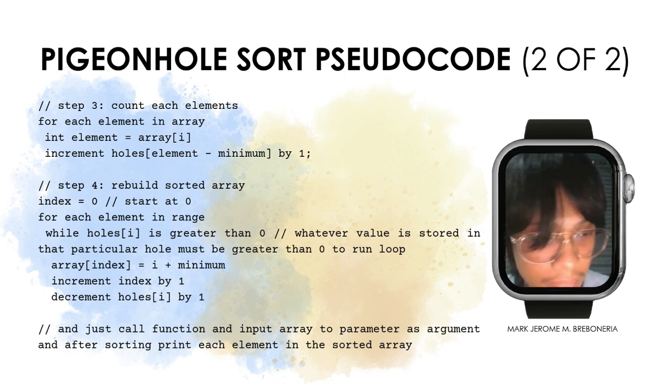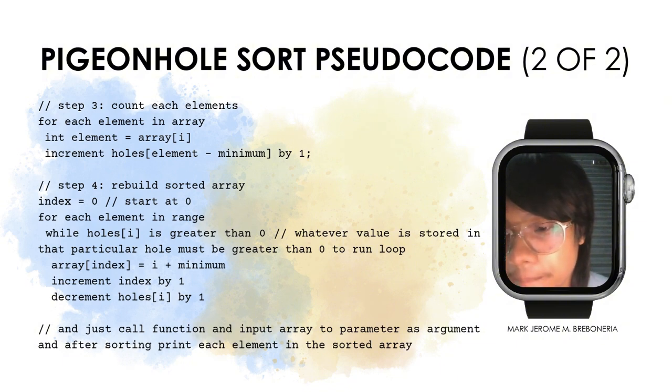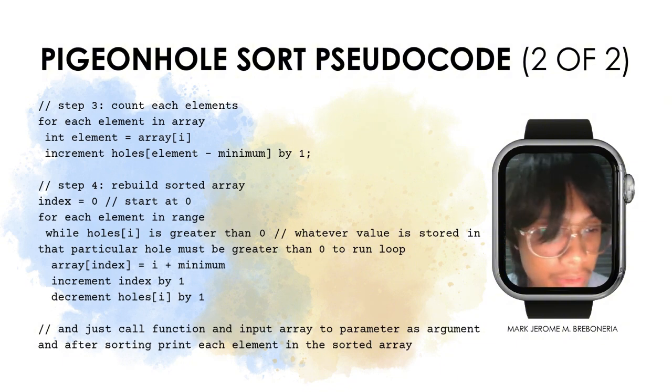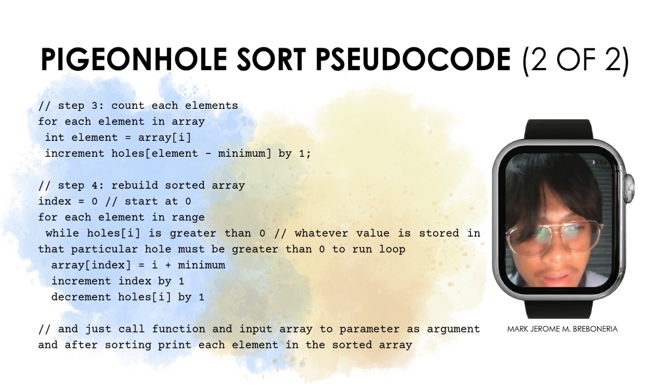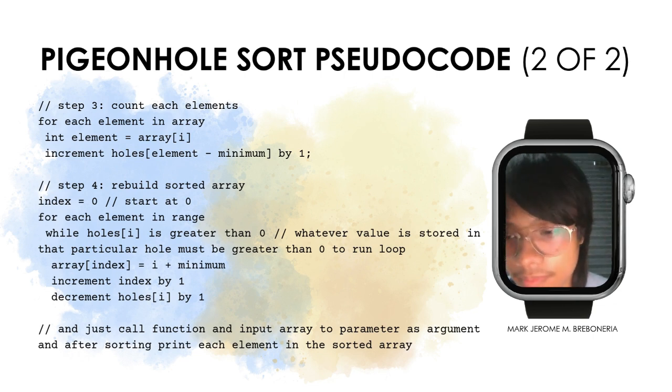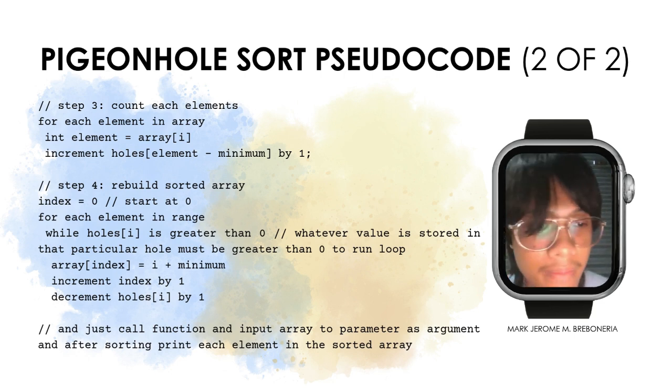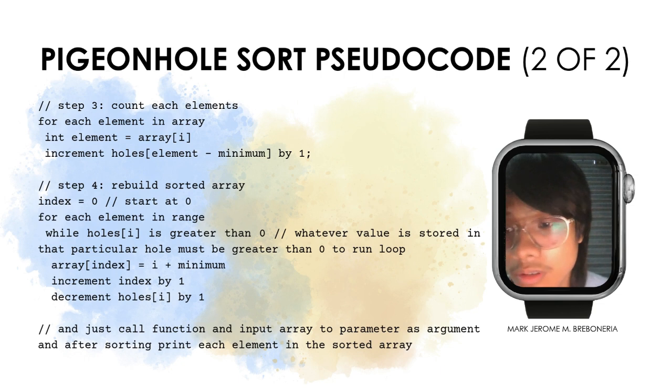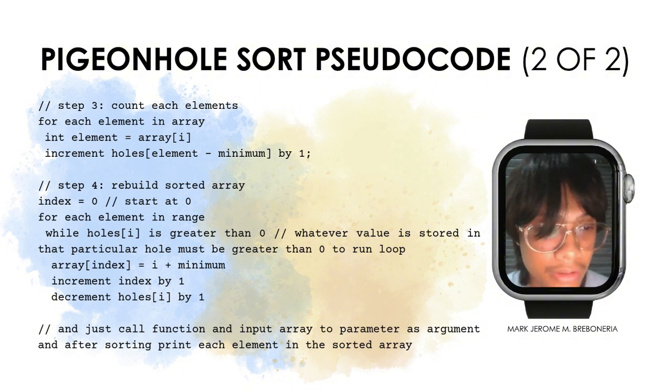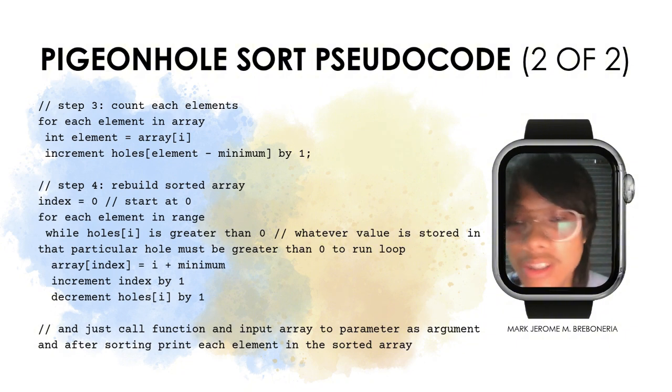So the index of that value is determined through the value of element minus the minimum. So for example, we have the element 5 and our minimum is 4, so it means 5 minus 4 is 1. So then it will be stored at index 1. So we'll be incrementing index 1 by 1.